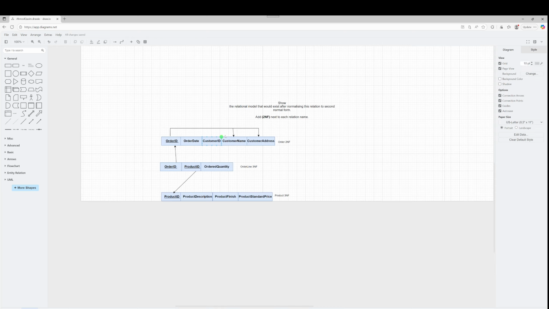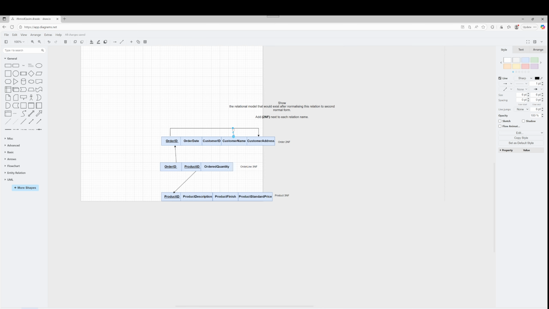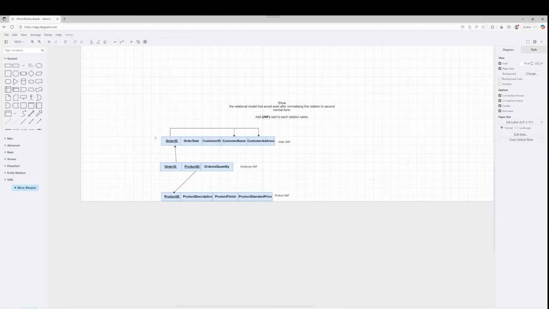So these two are basically transitive to order.